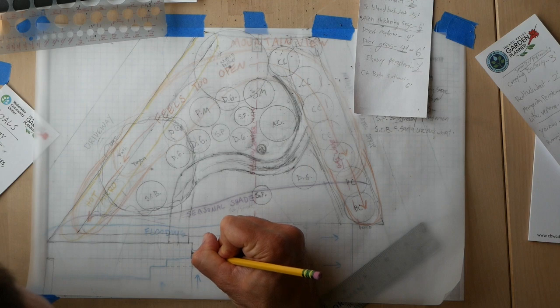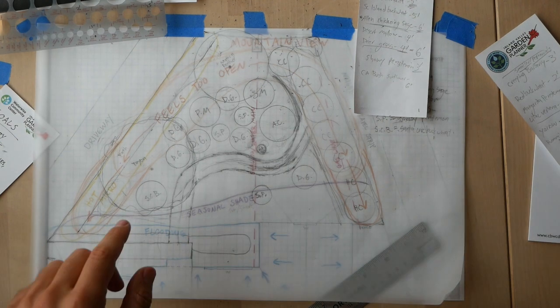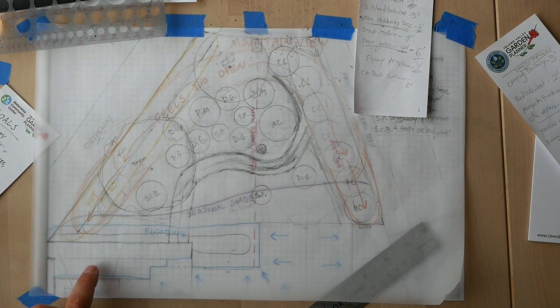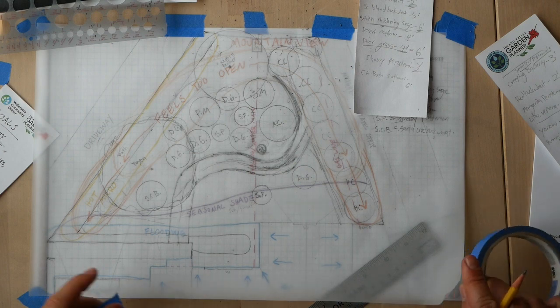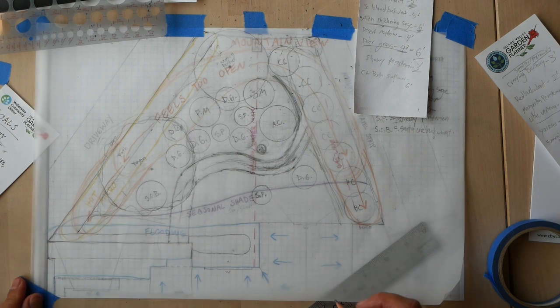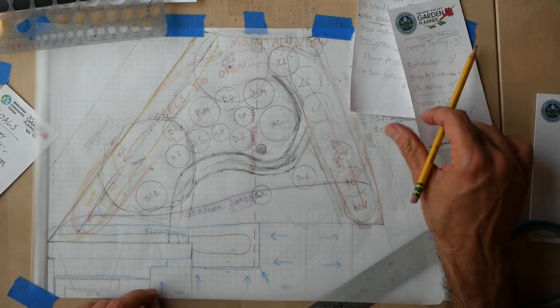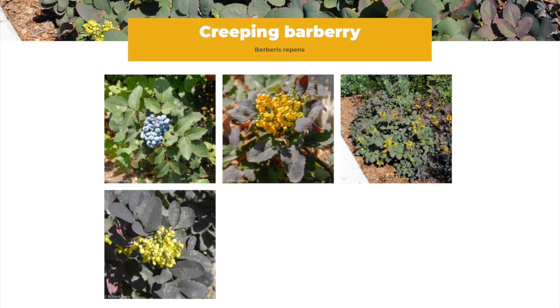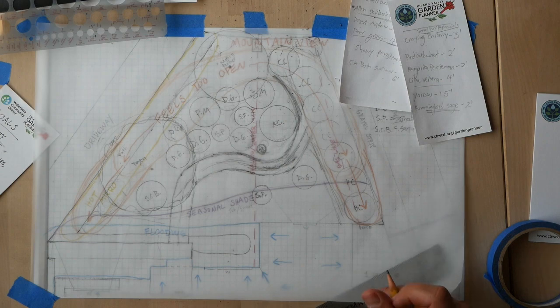So we are going to look at the design for this little planter area as well. And I mentioned that we are going to be using the creeping barberry because it works really well for that kind of north-facing foundation planting.